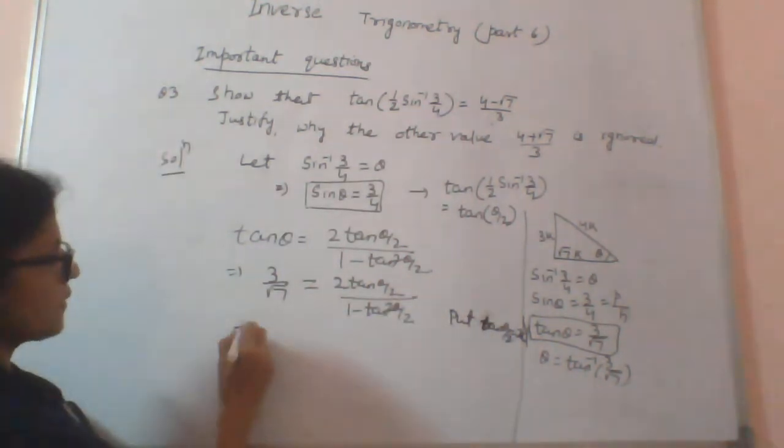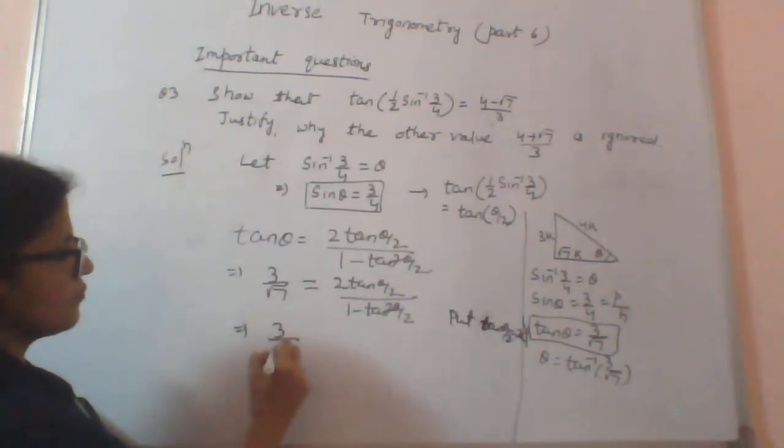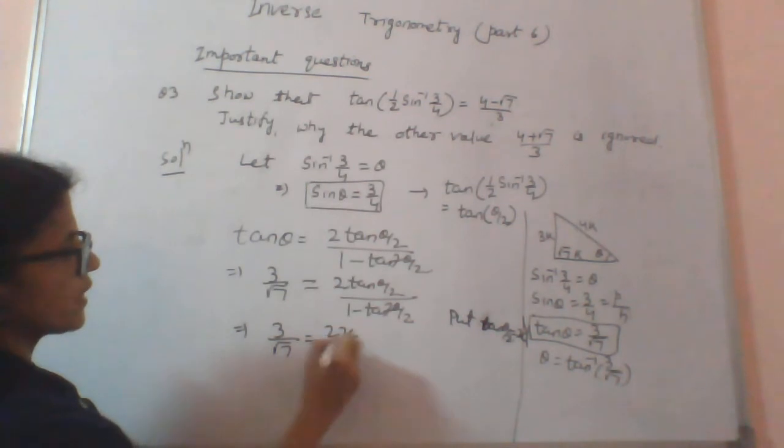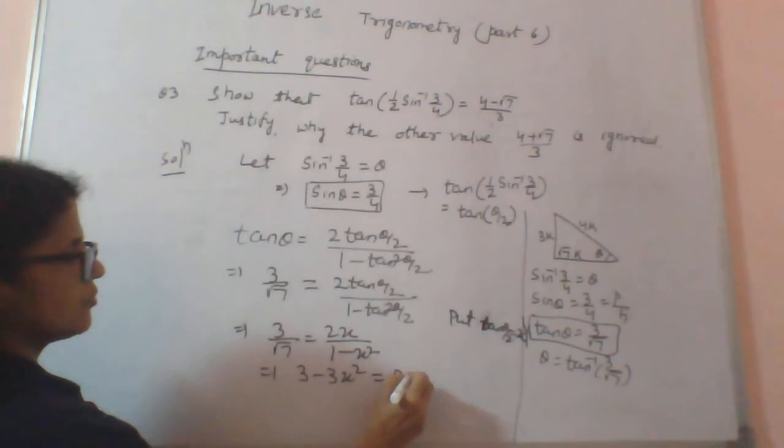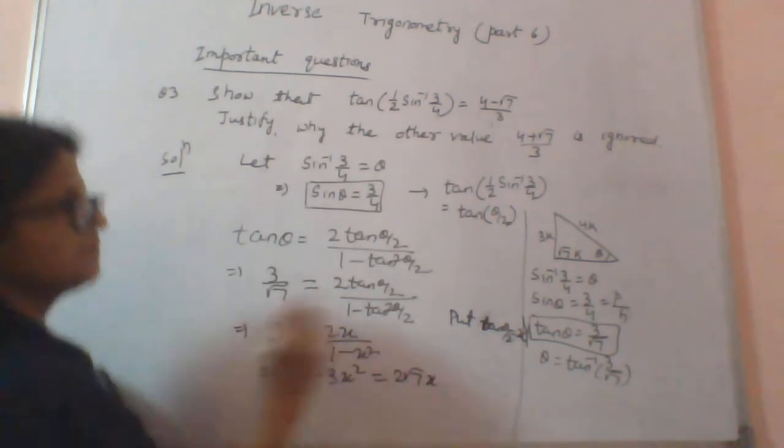So it means I am getting here 3 by root 7 equal to 2x by 1 minus x square, or you can say 3 minus 3x square equal to 2 root 7x.